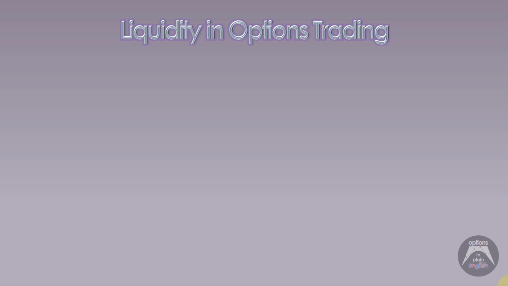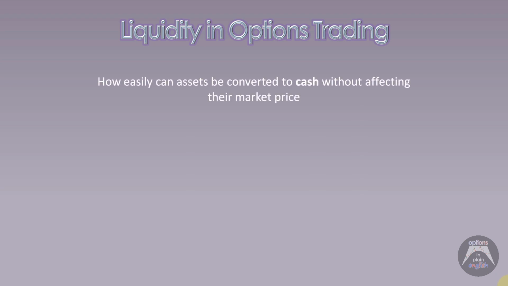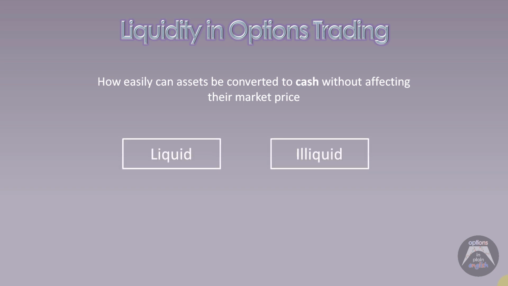From a financial perspective, liquidity is defined as how easily assets can be converted to cash without affecting their market price. So we can broadly define assets as being liquid or illiquid.